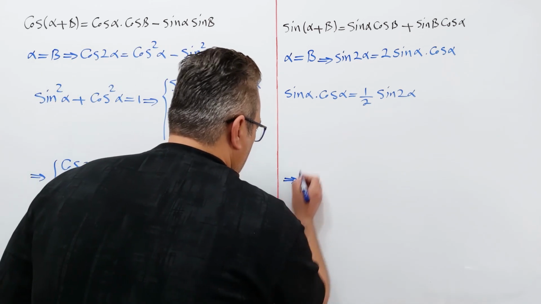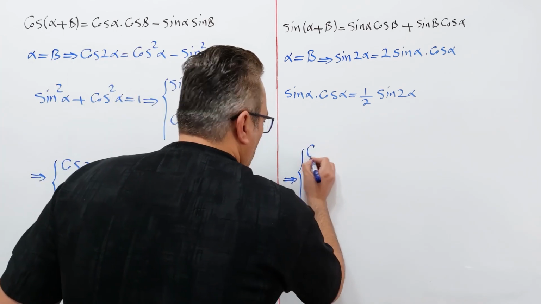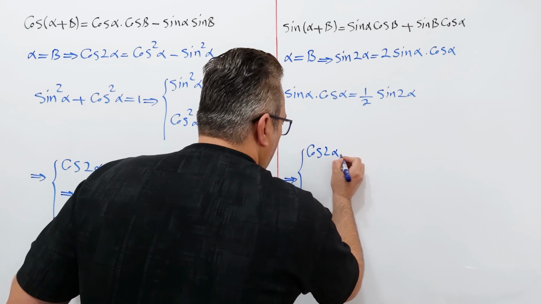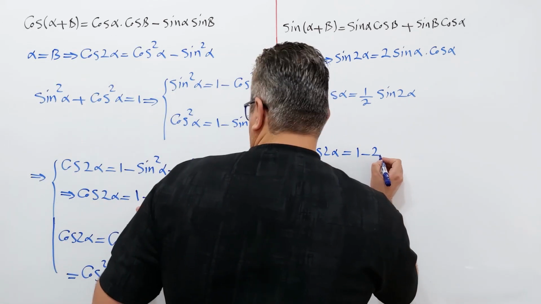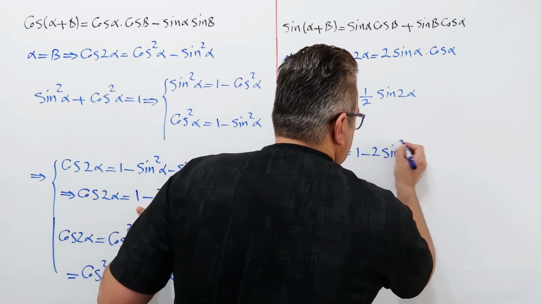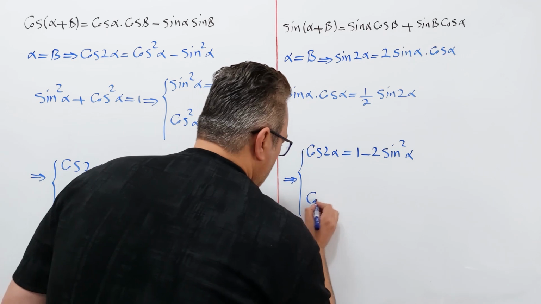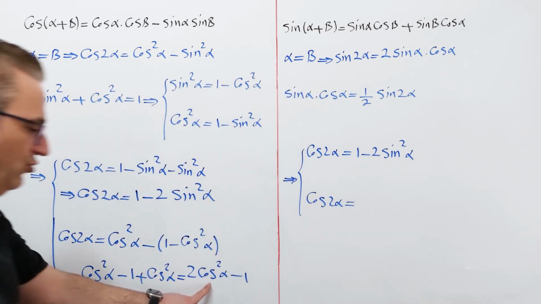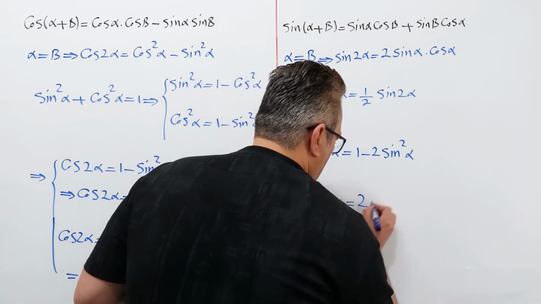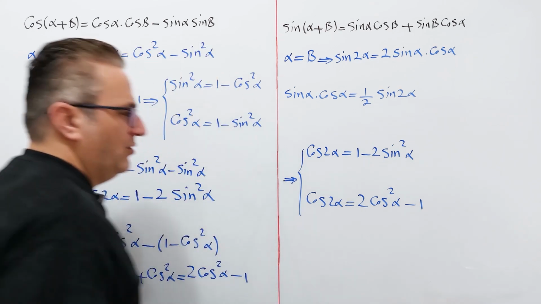So, cosine 2 alpha is equal to 1 minus 2 sine squared alpha, and cosine 2 alpha is equal to 2 times cosine squared alpha minus 1.